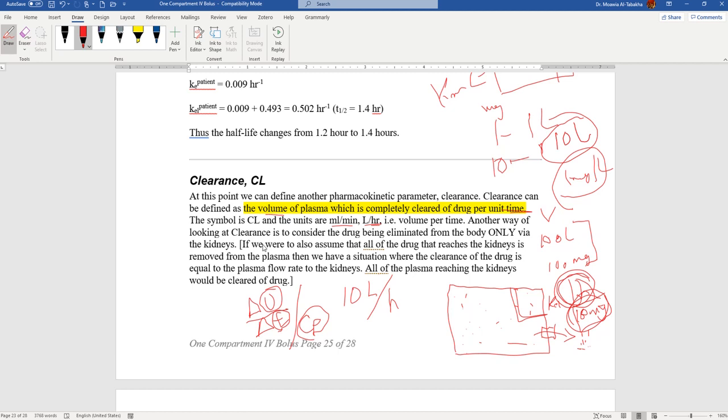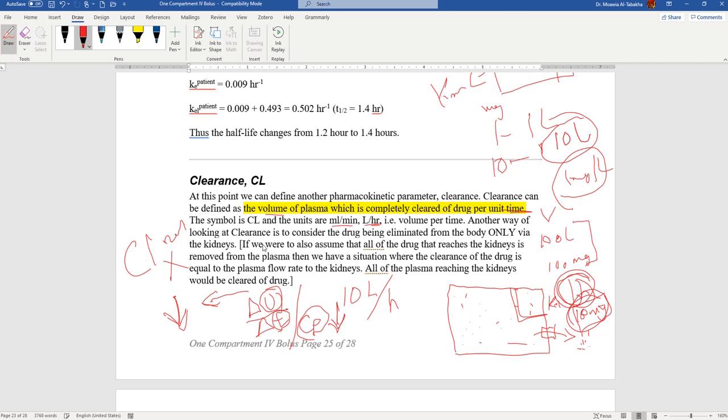Someone will tell me, well, the amount that is getting out is decreasing with time, right? Because it's decreasing with time, clearance should not be constant. That is wrong. It is constant. Because yes, the rate of elimination is decreasing, but also the concentration is decreasing. So we have a decrease on both sides.